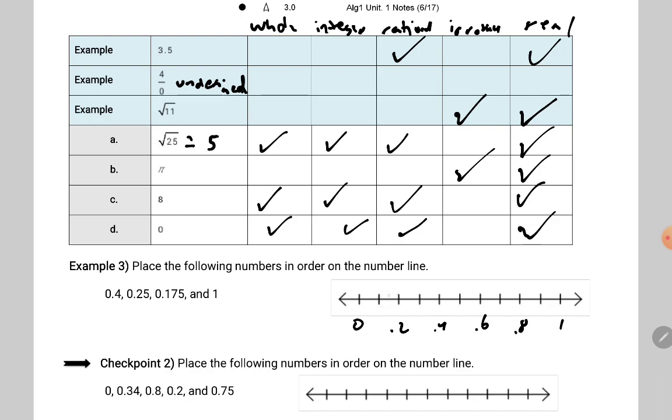So the lowest one is 0.175. Sorry for the handwriting, but make sure you're listening as well. 0.175 is just a little bit close to 0.2, but not exactly there. And then we have 0.25. So 0.25 would be in between 0.3 and 0.2. And then we have 0.4. And then we have 1.